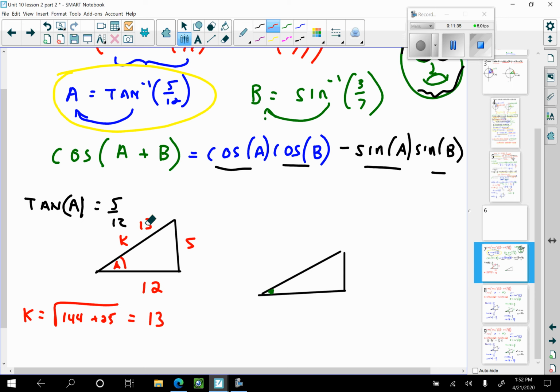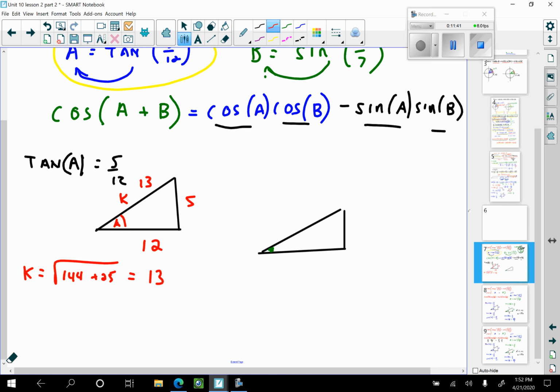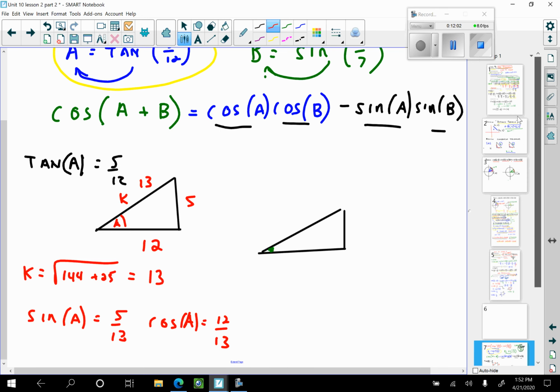And so what do you want? You're going to need the sine of A and the cosine of A. And we know that the sine of A is equal to 5/13. The cosine of A is equal to 12/13. And that's going to go in here, up here, for the cosine of A and sine of A over here.